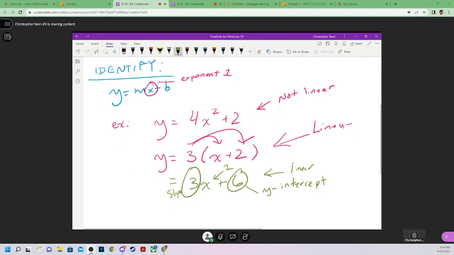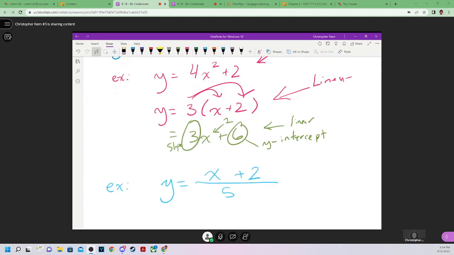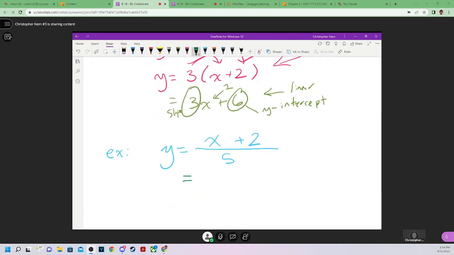And then you might see some even weirder behaviors, like maybe if you had an example like this. Is this a linear equation? Well, for the highest degree of the exponent, you have to actually calculate this one out, which some people aren't used to. Remember, we can turn this into two separate fractions, x divided by 5 plus 2 over 5.